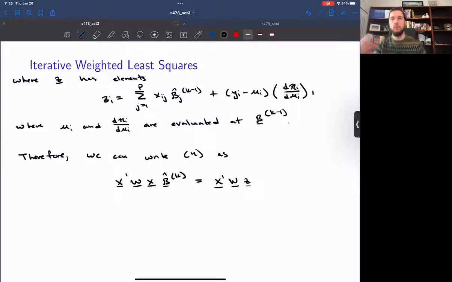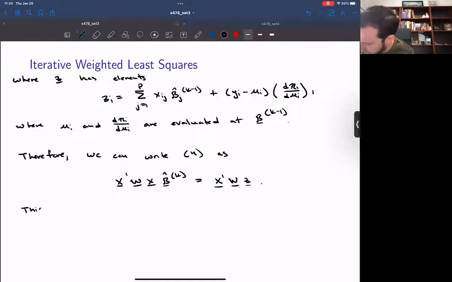Well, I'll show you how we can do that momentarily, but basically we can say beta hat on this iteration is going to be equal to the inverse of X transpose W X times X transpose W Z. I should just write this out. So this is of the same form as what is given for the normal linear models.